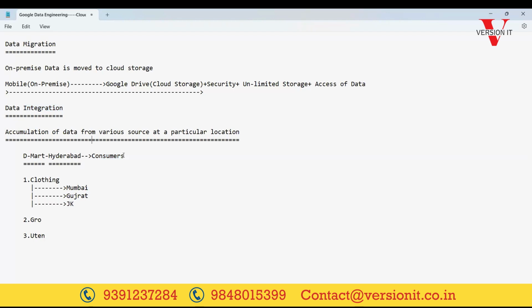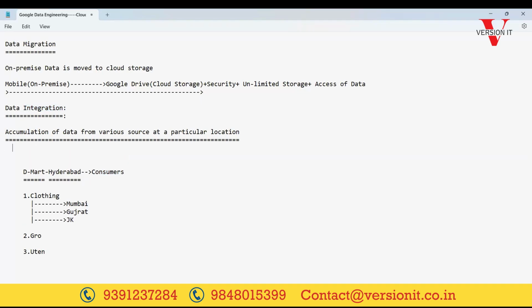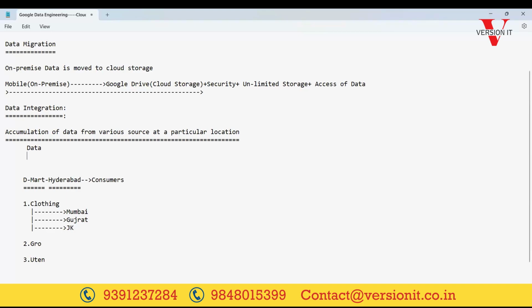In the same way, if you replace the products, the clothes, with data, that means data is gathered at different locations. Data is available at different locations.